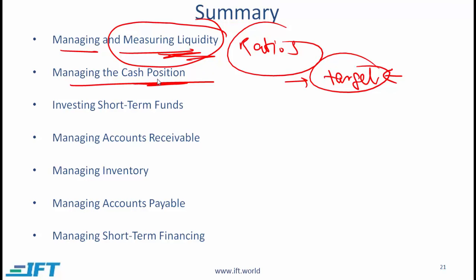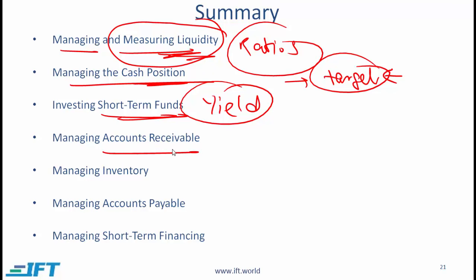Money that's not needed on a day-to-day basis is invested in short-term instruments such as T-bills. Here the key point is to understand the different yield calculations, and a company needs to evaluate how it is doing by comparing its weighted average yield with a benchmark rate. Managing accounts receivables.